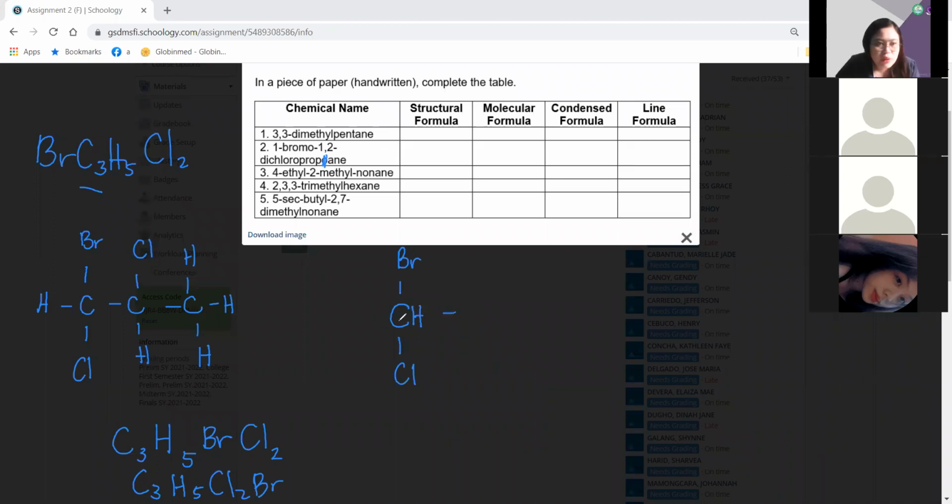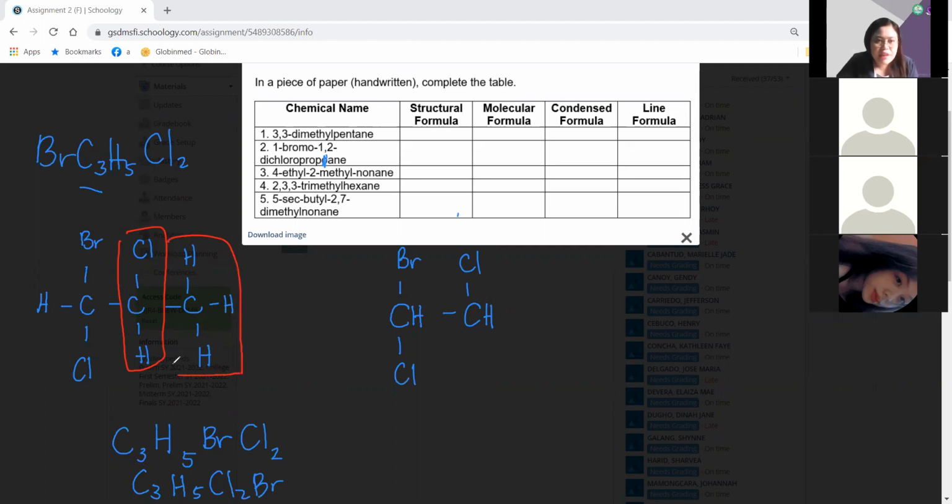So what do we summarize here? The carbon and the hydrogen, so we have the CH. And then for the next one, we'll have another carbon and just one hydrogen, but on top, we have a chlorine. Or if you put the chlorine at the bottom, it's also okay.